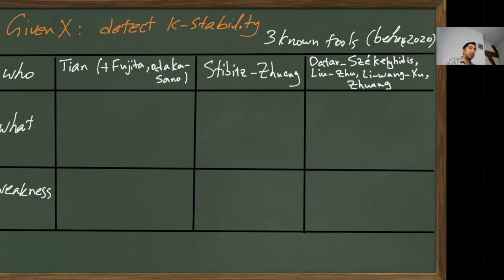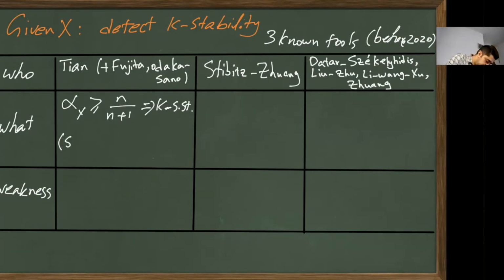So the first one, the most useful and most famous one, is the Tian criterion that says if alpha of X is at most n over n plus 1, where n was the dimension, then you have K-semi-stability. Later on, it was improved by Fujita and Odaka and Sano.